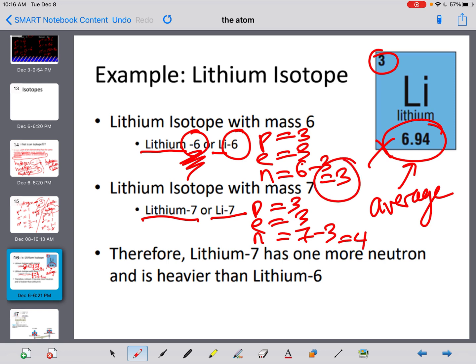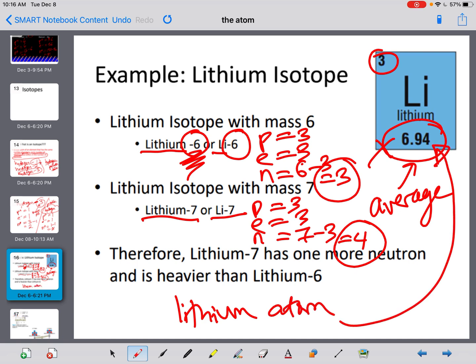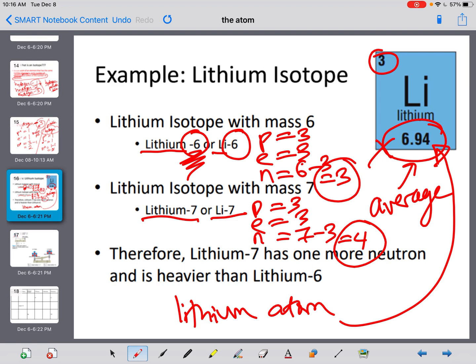So literally the only difference between isotopes is that they can have a different number of neutrons. Now keep in mind, if there was no dash number, if it just said lithium or a lithium atom, then you would use the average. But if it's specific, lithium 6, lithium 7, you have to use that mass number.